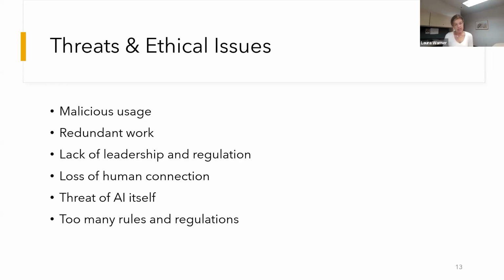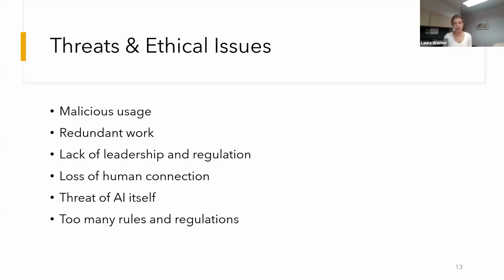There's the fear of redundancy of work. And you hear every once in a while, okay, these jobs could be abolished and replaced by AI. So for example, telemarketing could be abolished by AI.